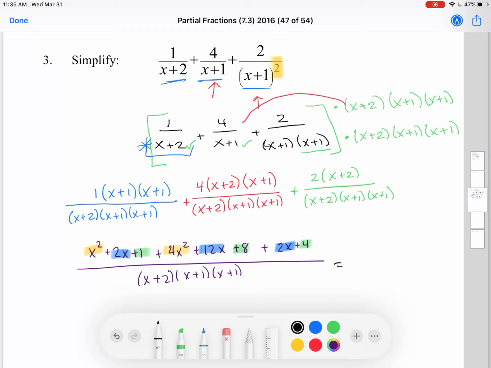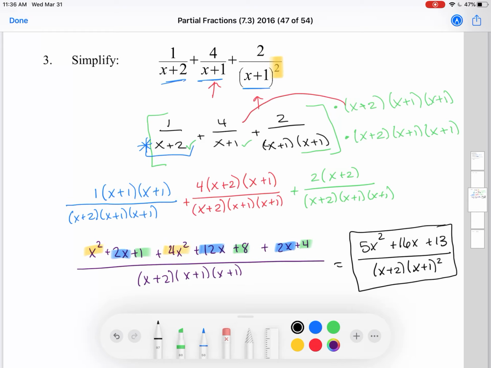So it's going to give me 7x, oh, sorry, not 7, 5. 5x squared plus 16x plus 13 up in the numerator, and then again the same denominator stays. And I'm going to put a squared on that x plus 1 simply because I know there's 2 of them. Okay, if you want to write them separately, be my guest, that is totally fine as well.